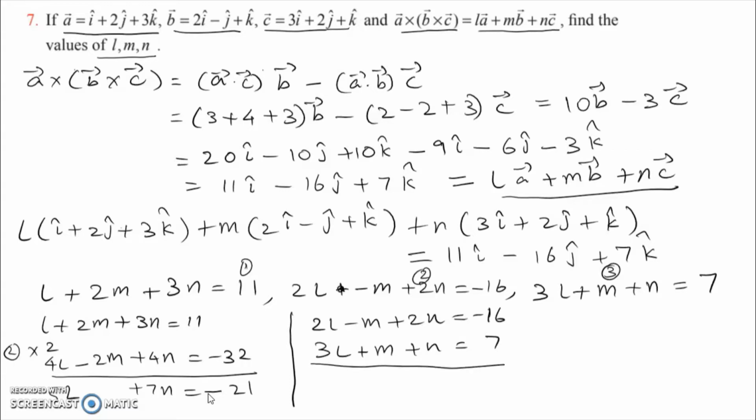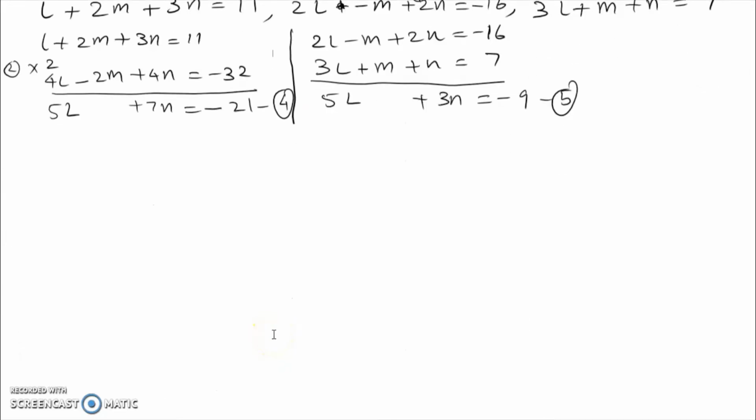You will get 5L, m will become 0, plus 3n is equal to minus 9. Now let's call these equation 4 and equation 5. Let's make some space here.